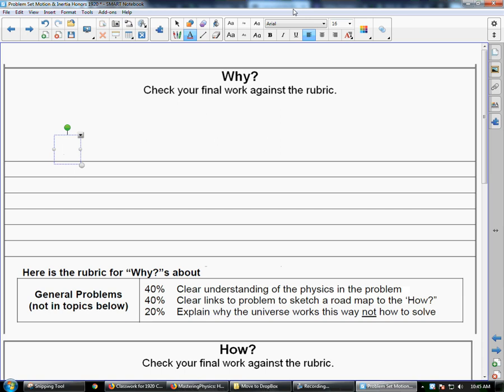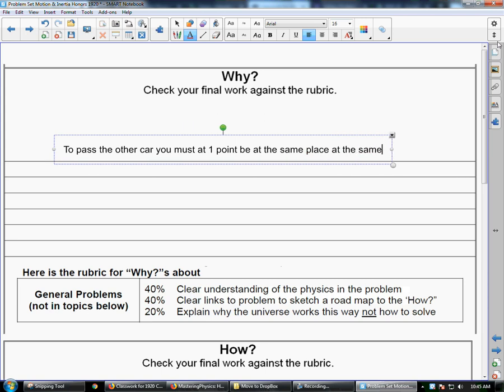Right, you have to meet them. You have to be at the same place at the same time. So that's what I'm going to start off with, just showing my understanding there. To pass the other car, we must at one point be at the same place at the same time.